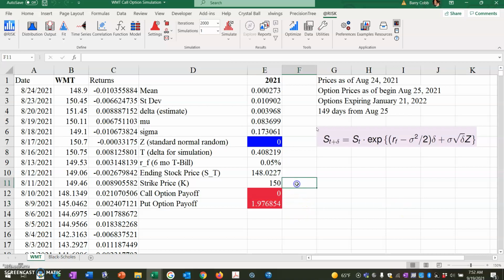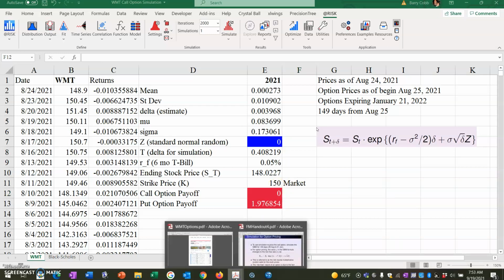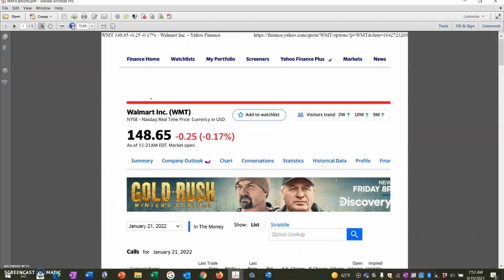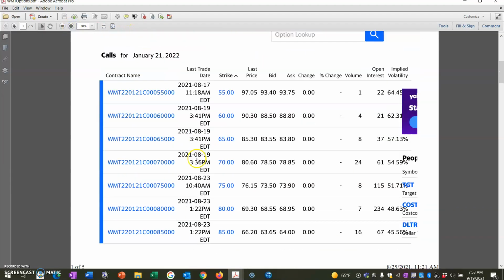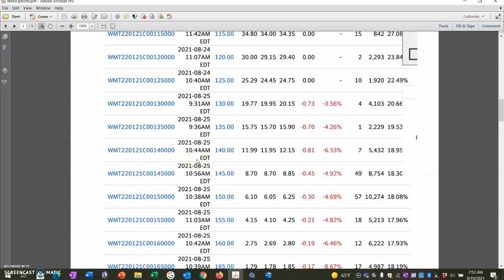One thing to note here is I've got a screen capture of the call option prices and put option prices.